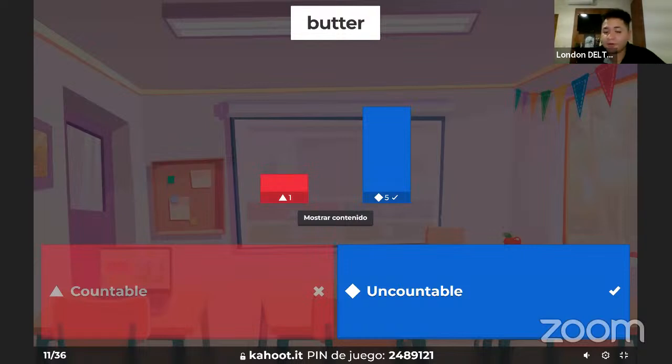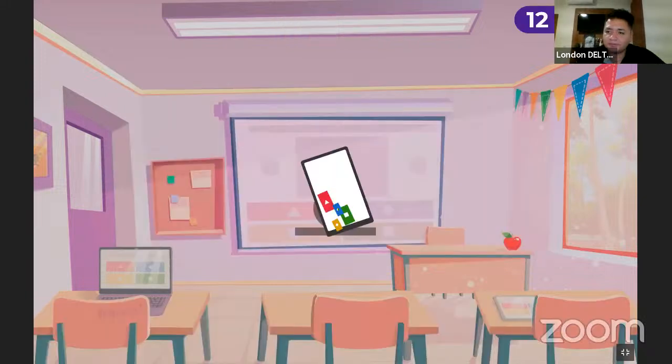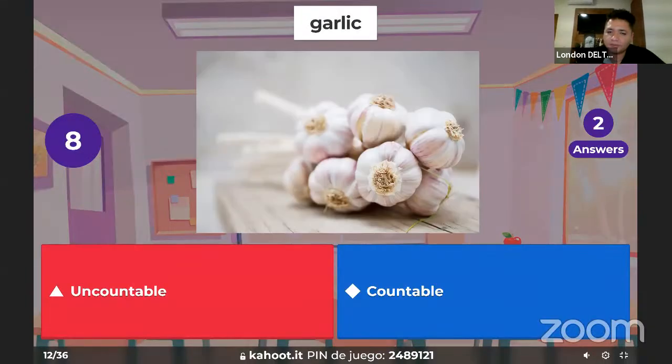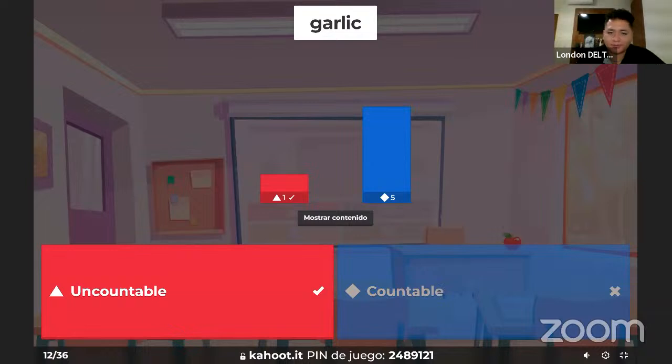Very well. The butter is uncountable. Garlic.